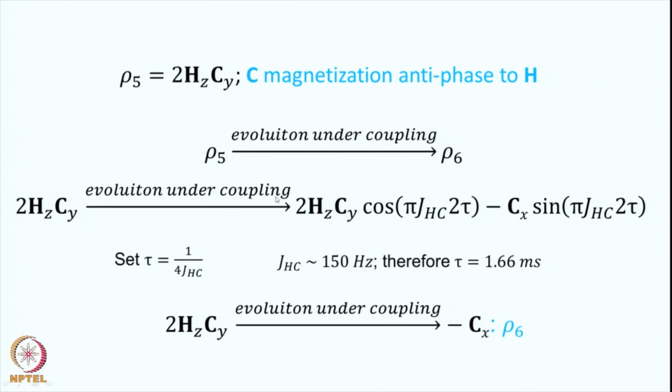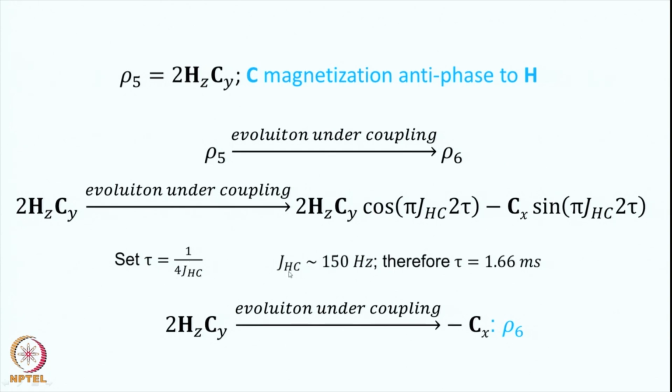2HZCy evolution under a coupling Hamiltonian leads me to 2HZCy cosine(pi JHC 2 tau), because of the 2 tau period of the spin echo sequence, minus Cx sin(pi JHC 2 tau). Now once again I adjust my tau, because this is under my control, to be equal to 1 by 4 times JHC.